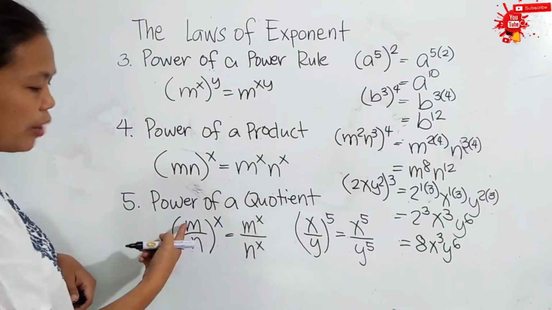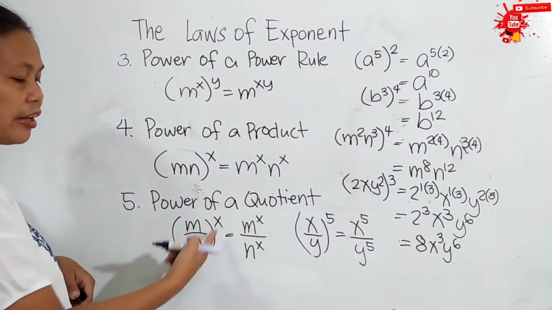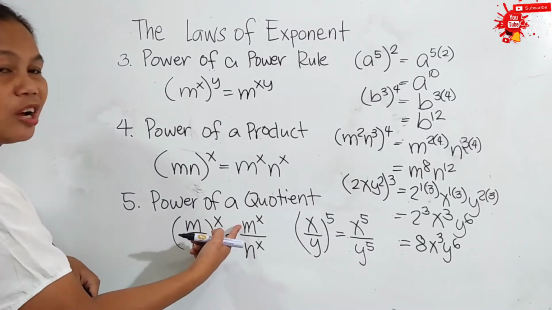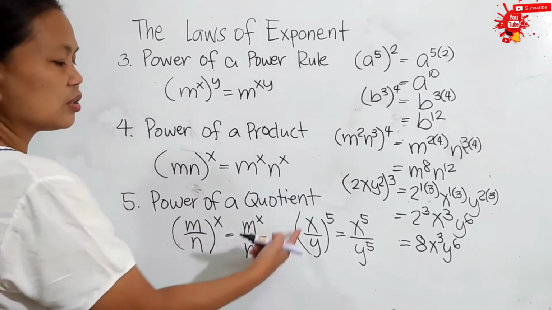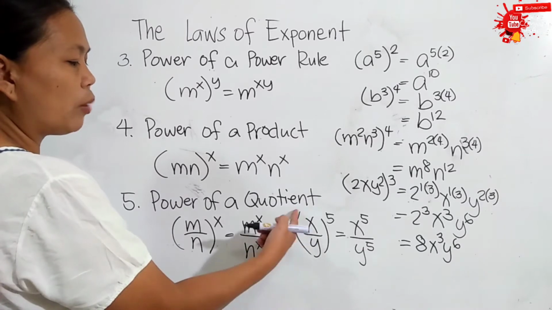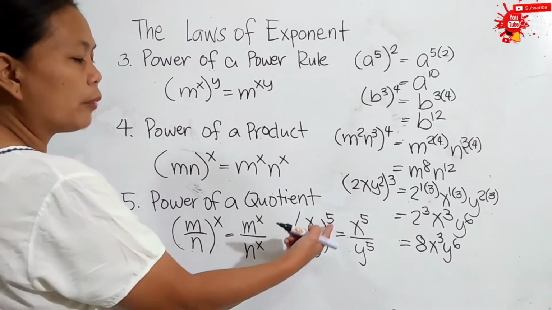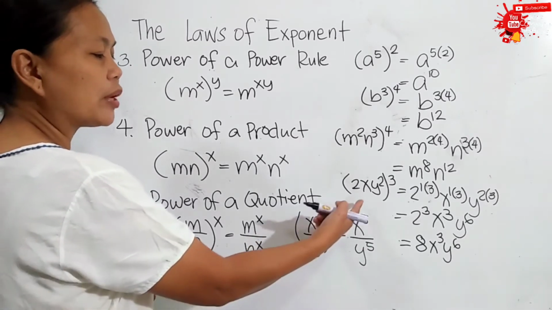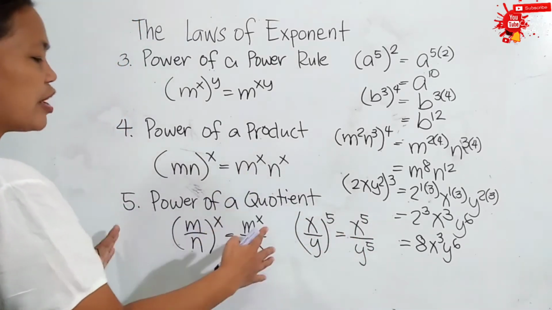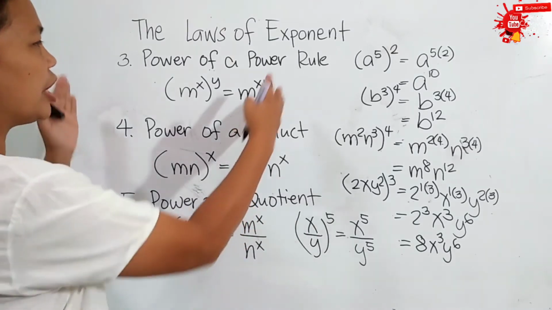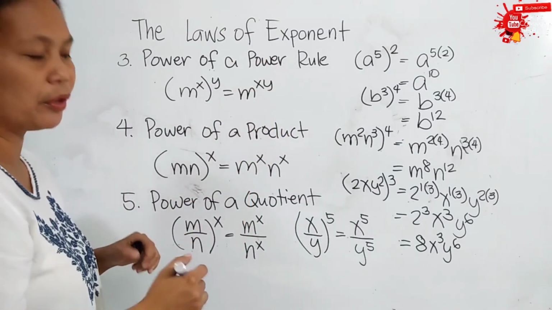Following this rule that if we have m over n, quantity raised to x, it will become m raised to x over n raised to x. So we have here x over y, quantity raised to 5. So it will become x raised to 5 over y raised to 5. So we can have power of a quotient in combination with a power rule.